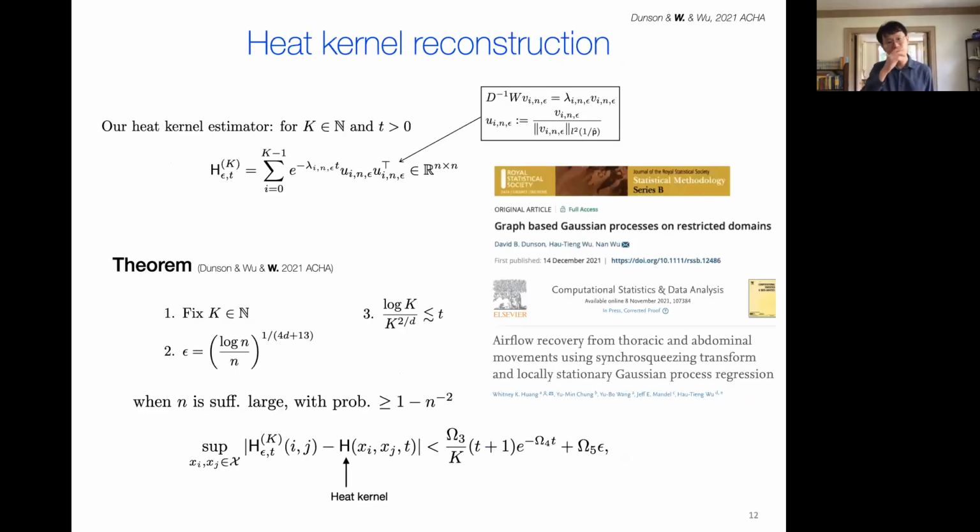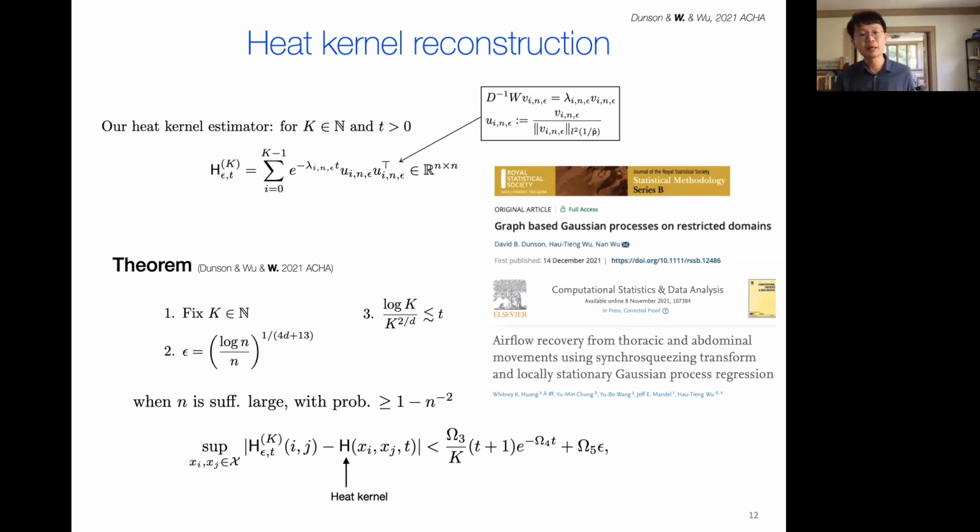Okay, and with this L-infinity spectral convergence of the Laplace-Beltrami operator, we can now move forward to say, hey, can we construct other geometric quantities of the manifold? And what interested us the most was the heat kernel, because heat kernel encodes a lot of useful intrinsic geometry of the manifold.